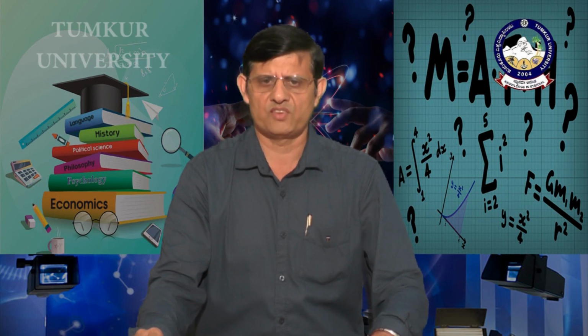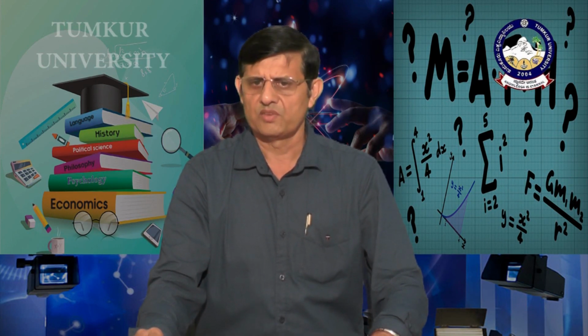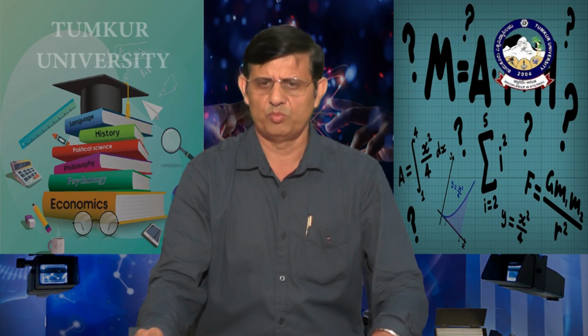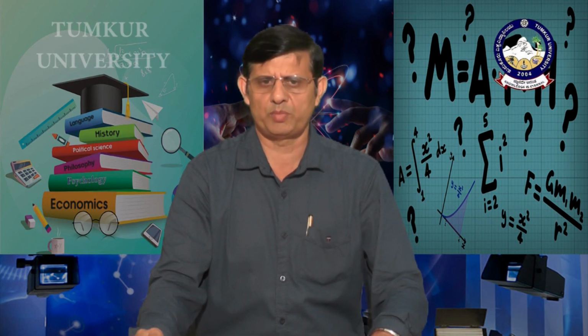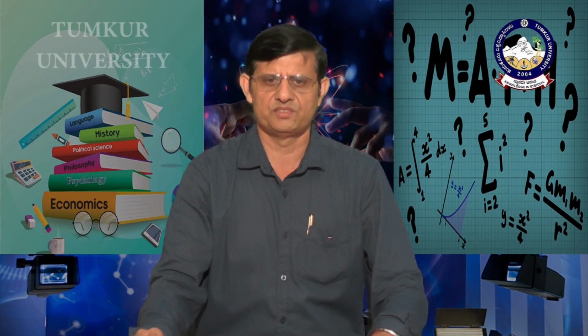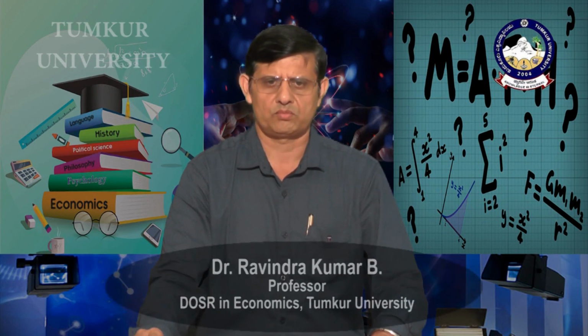It can be referred to as aggregate supply price, since this is the minimum price motivating the entrepreneurs to provide employment of a specific level. In other words, aggregate supply price at a certain volume of production means the price at which entrepreneurs are prepared to supply that level of goods.